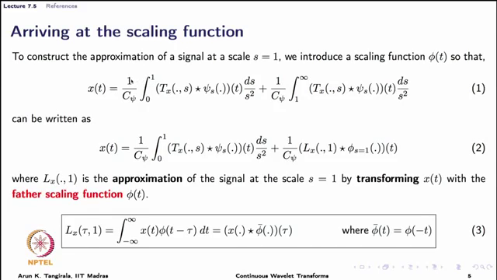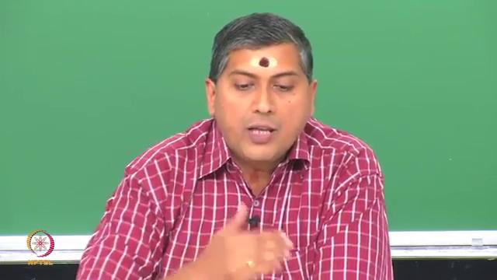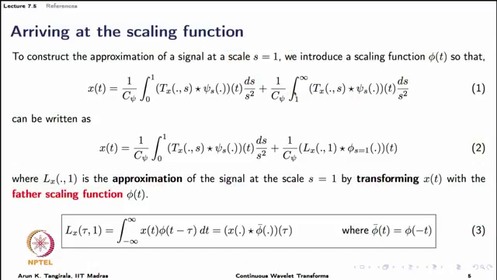So, what I have done here in equation 1 is I have separated the inverse continuous wavelet transform expression into two parts, one corresponding to scales between 0 and 1 and the other corresponding to all scales greater than 1. As I had mentioned earlier, this partitioning with reference to 1 is only as of now. You can generalize this idea and you can partition with respect to any reference point, it need not be 1.